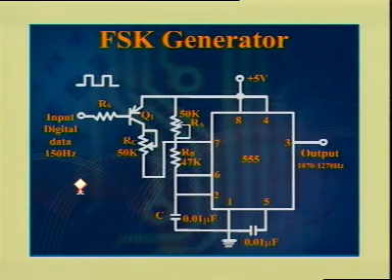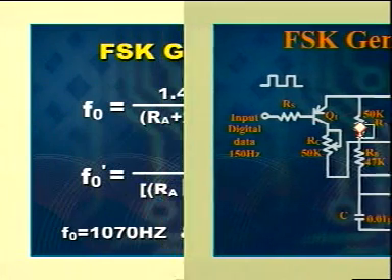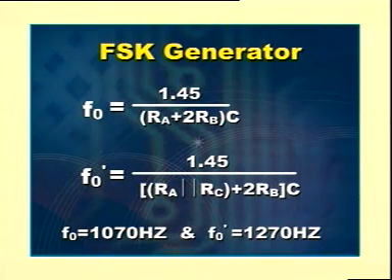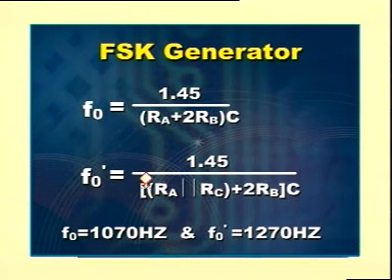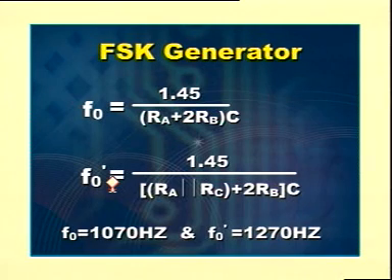Now when the input is at low level, then transistor Q1 is in on condition, that is it acts as short circuit. Now the resistor RC comes in parallel with RA. Therefore the frequency of oscillation is f0 prime equal to 1.45 by RA parallel with RC plus 2RB into C. This frequency is high as compared to the previous frequency.